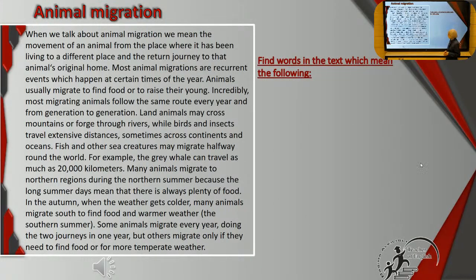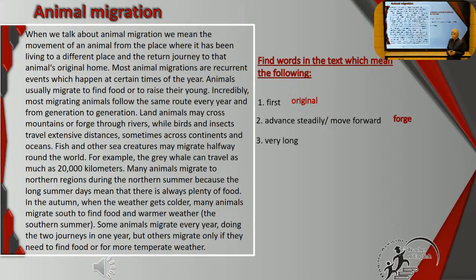Okay, now we have some difficult words in this article. Let's see some of them. Now find words which mean the following. The first one is first. What's the word that means first? It's original. The second one, advance steadily or move forward. It's forge. Okay, very long.